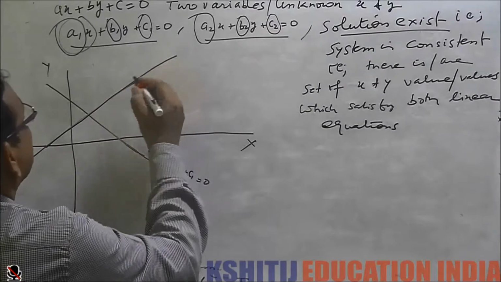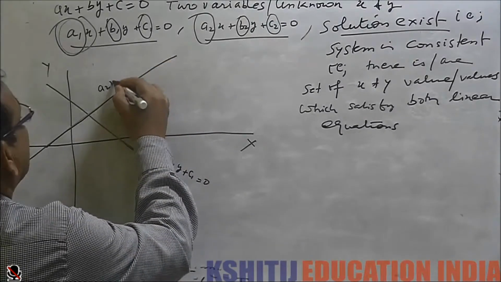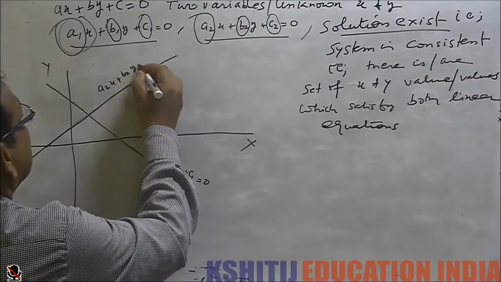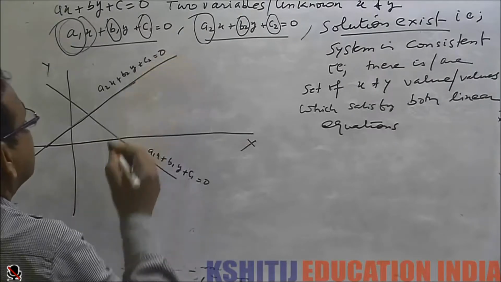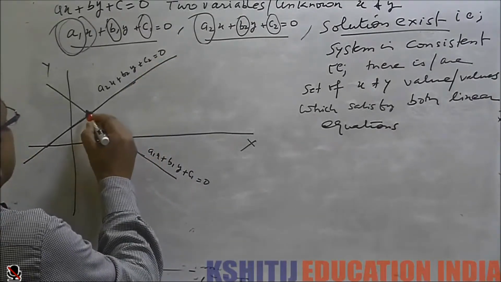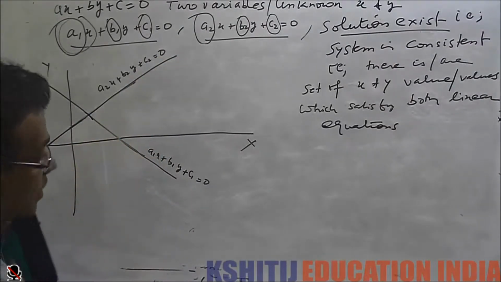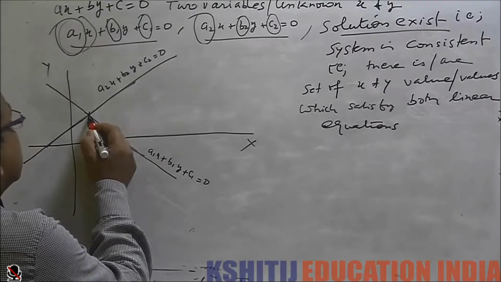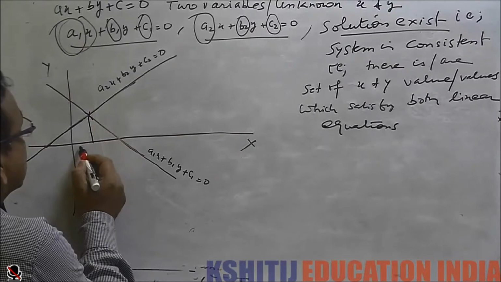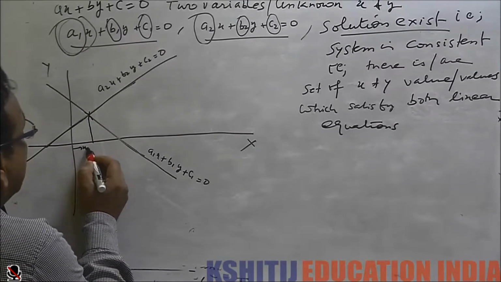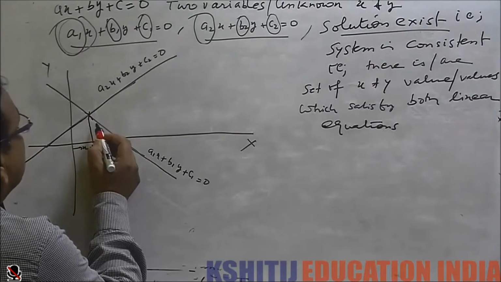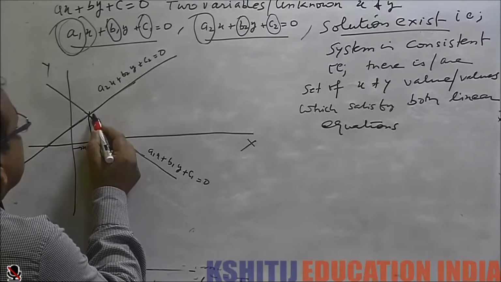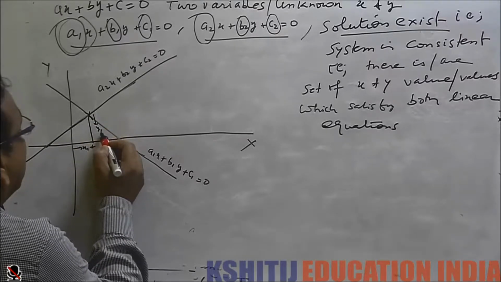And this equation is a2x plus b2y plus c2 is equal to 0. Now look at this graph. We see that this is a common point. Some value of x, x1, let's say, some value of y, y1.